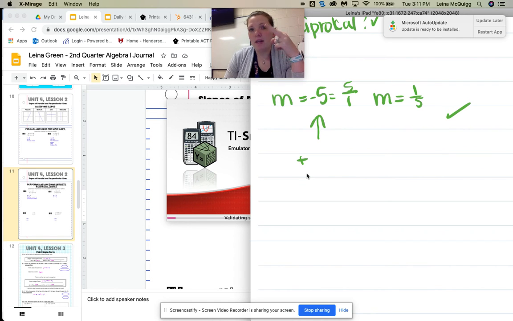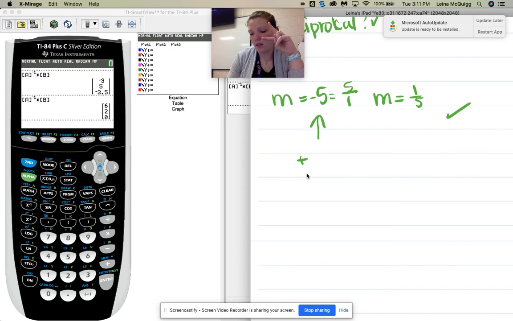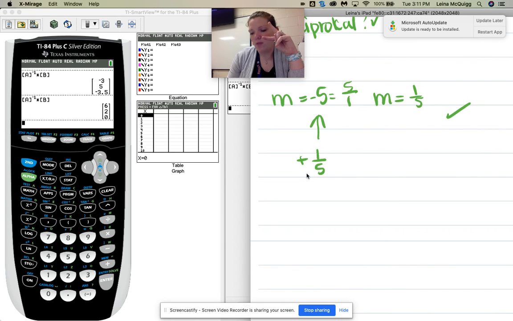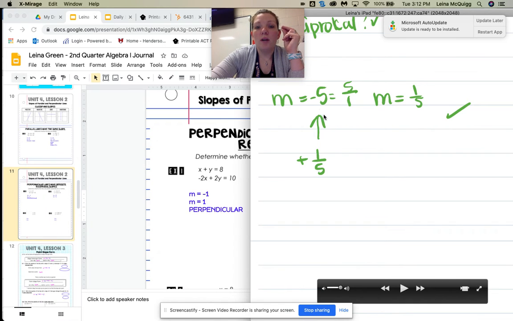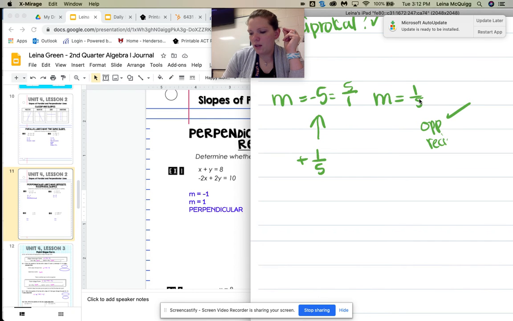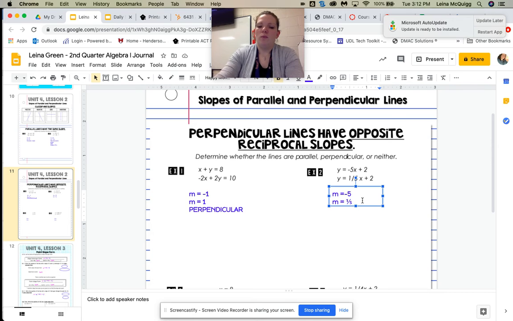So if I flip that fraction, instead of 5 over 1, I'm going to write 1 over 5. So in order to be perpendicular to negative 5, my slope has to be positive 1/5. So it's opposite and it's reciprocal. So over here, we are perpendicular.